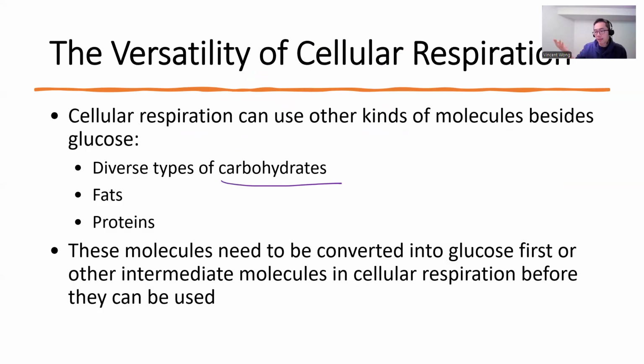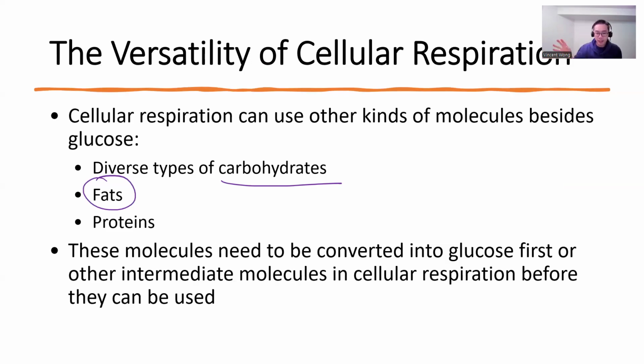Glucose is the preferred kind, but you can also use things like fructose and galactose, and you can break them down and feed them into the pathway at different locations. Fat can also be broken down into glycerol and fatty acids. The fatty acids can be chopped into two carbon fragments, and they become acetyl-CoA.